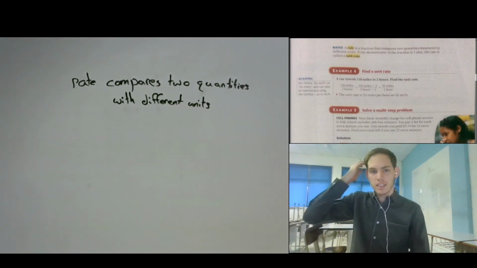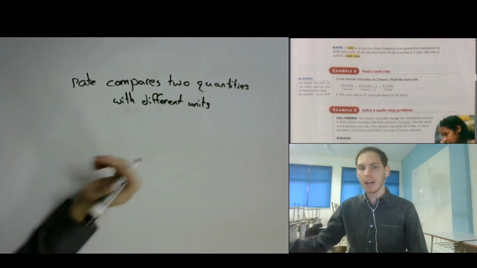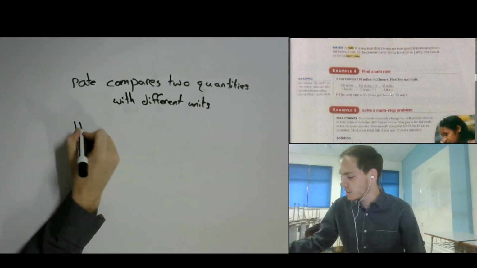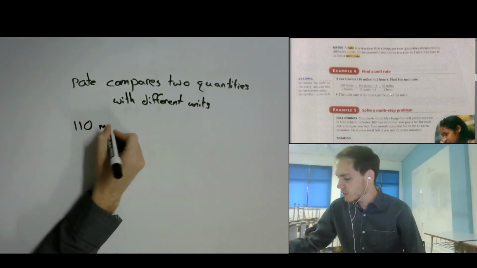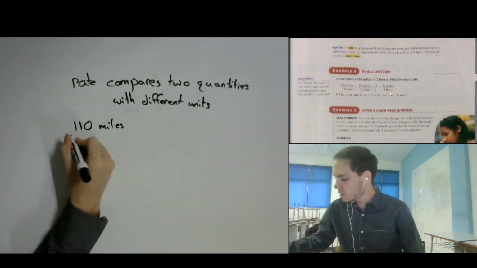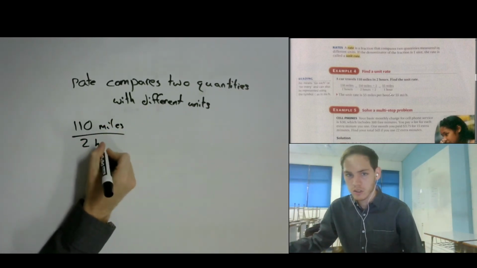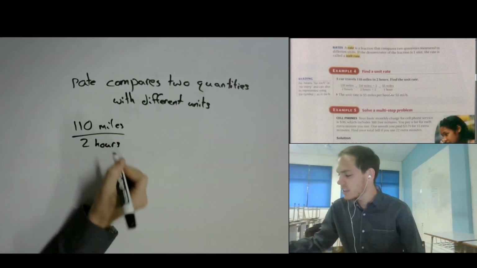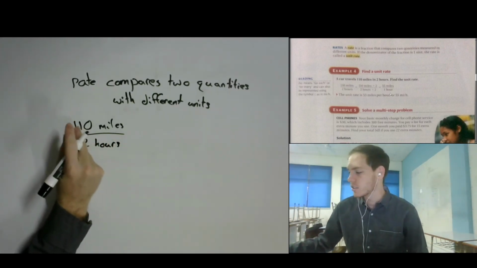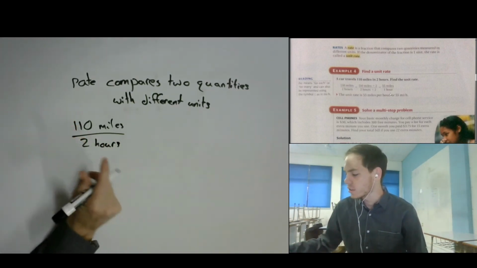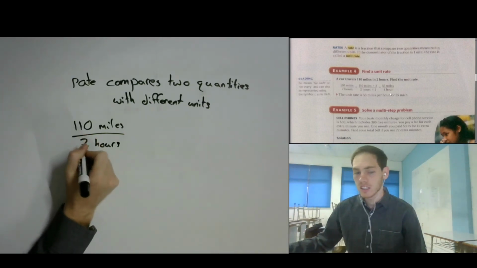So it says a car travels 110 miles in 2 hours. So we have 110 miles in 2 hours. Find the unit rate. So the unit rate is when we have one in the denominator. So we divide this. What's 110 divided by 2?